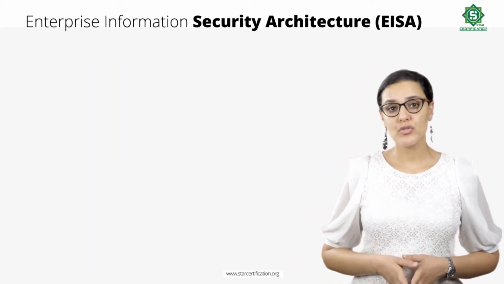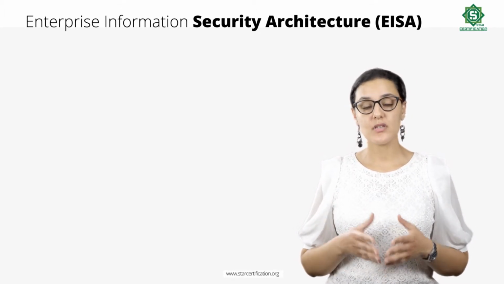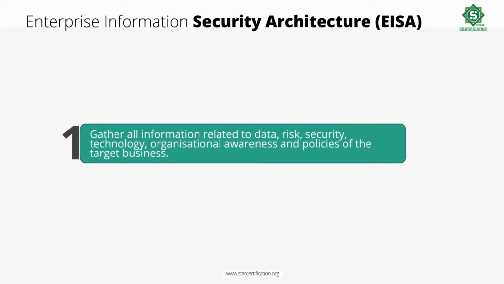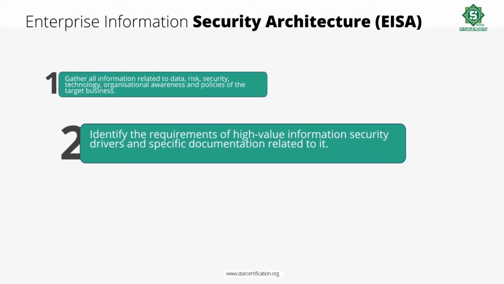Now that you have understood information security architecture, let us have a look at the steps of implementing it. First step, gather all information related to data, risk, security, technology, organizational awareness, and policies of the target business. Second step, identify the requirements of high-value information security drivers and specific documentation related to it.